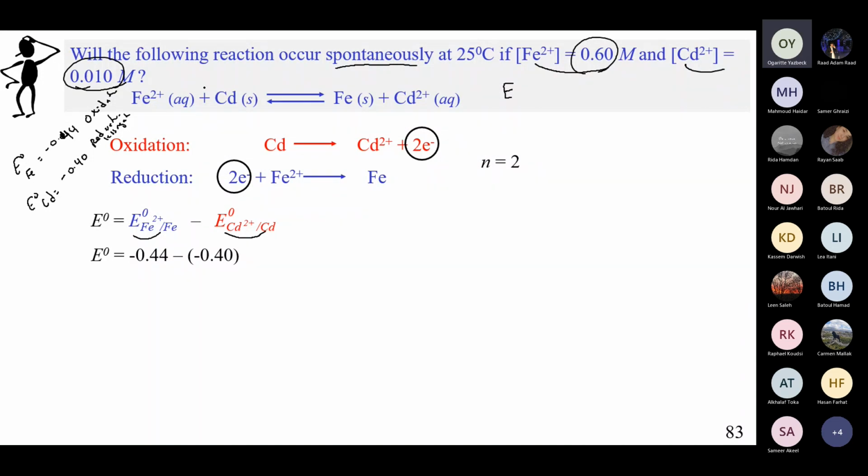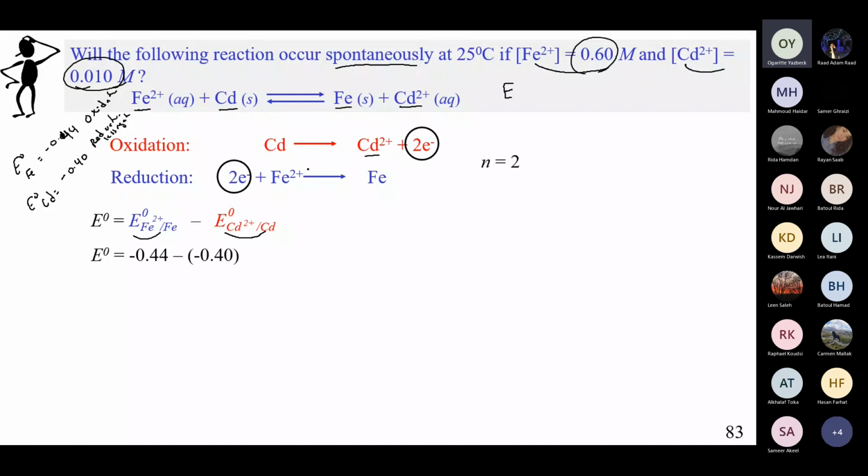Let's see what's happening to the Fe. I'm going to split the equation. Fe2+ goes to Fe. Cadmium goes to cadmium 2+. That's in the equation they gave me. Plus 2 electrons here, and plus 2 electrons on this end to balance the electrons.